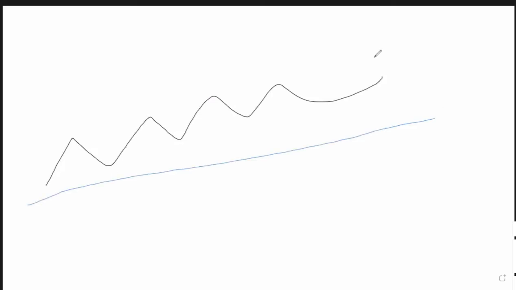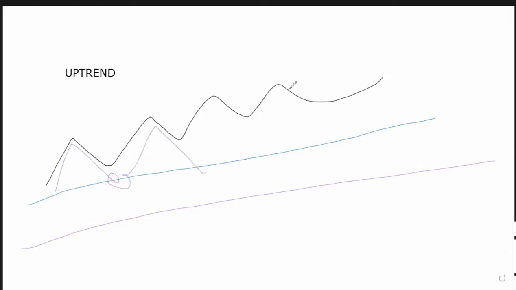And if the price is moving above, and the EMA line is here, and the EMA 200, the purple line, is here, with one look you know it is an uptrend. The price comes here, rebounds here, comes here, rebounds here.